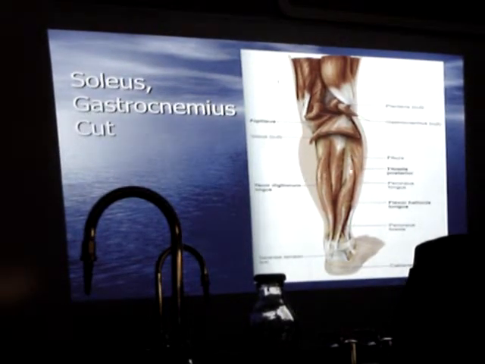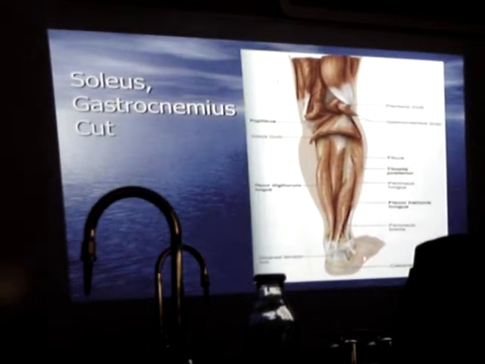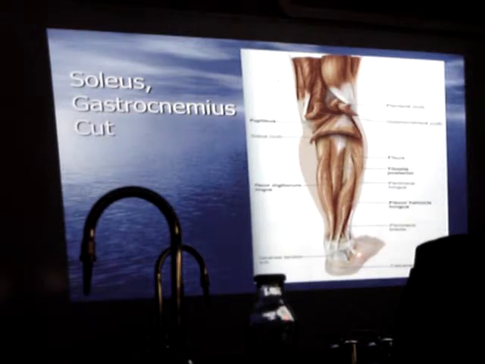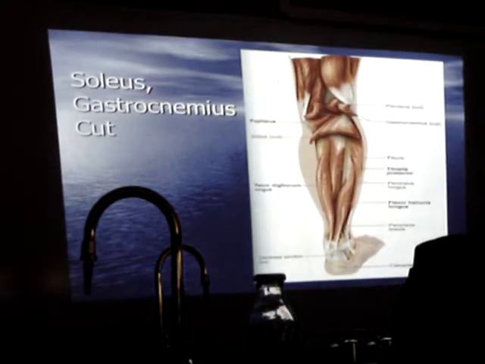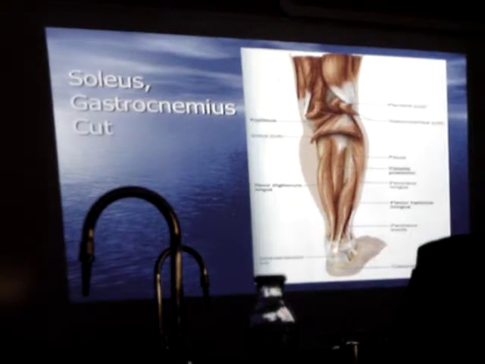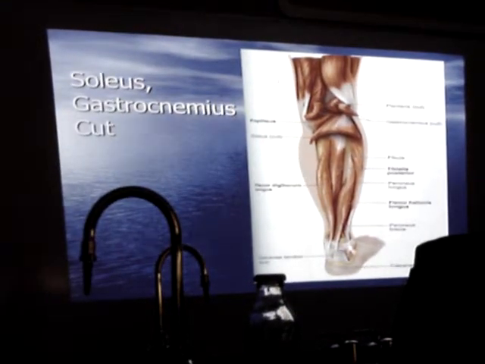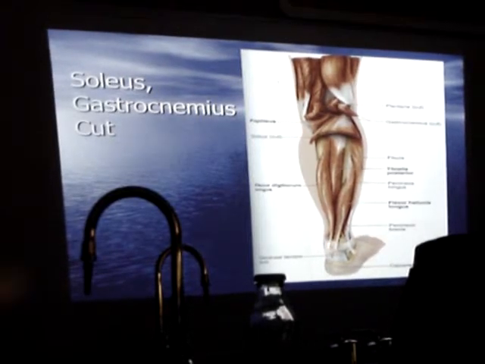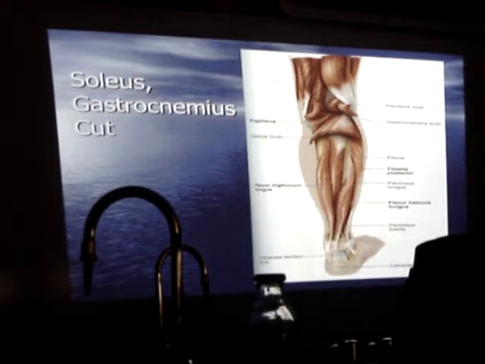And on the lateral side, we have flexor hallucis longus. But is the big toe on the lateral side? No. No, the big toe's on the medial side, so this tendon must cross clear over to the other side, the big toe over there, and that adds stability to the ankle. Here's flexor digitorum longus, and it crosses back over this way. So those two tendons cross inside the ankle or underneath the foot somewhere.